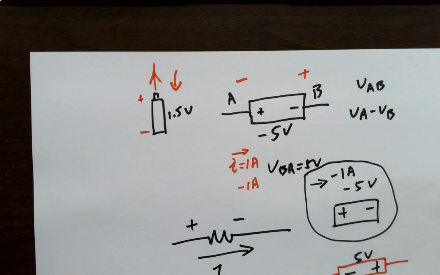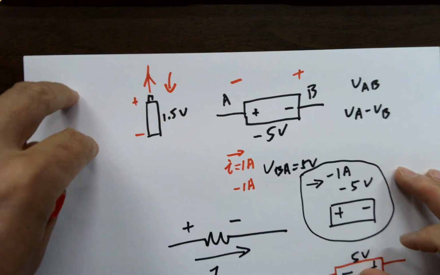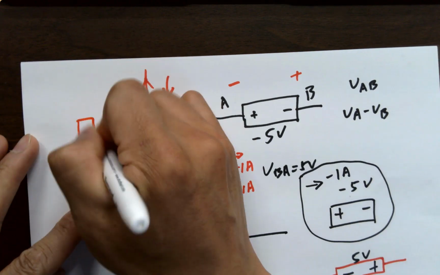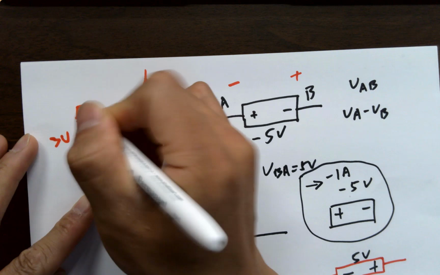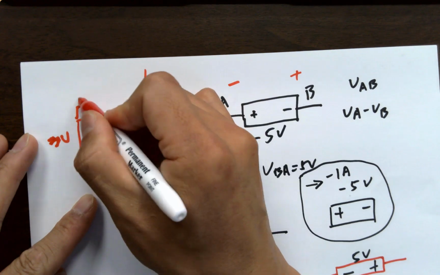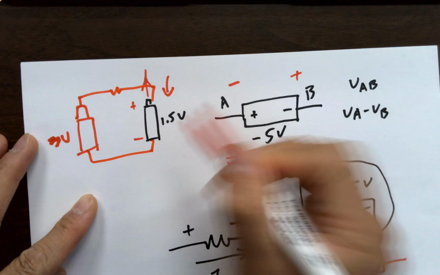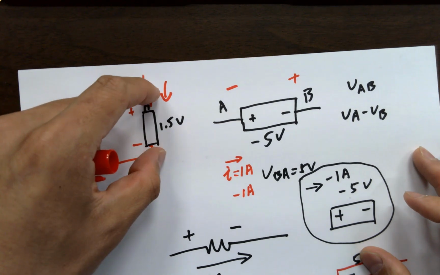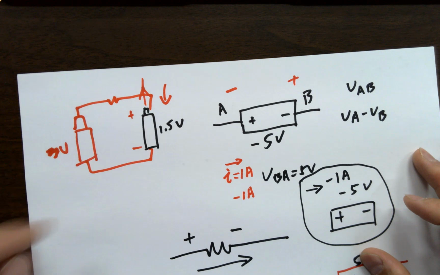How could that happen? Charging a battery, yes. Or anytime you have a higher voltage outside compared to 1.5 volts. If you have like 3 volts here, for some reason you have to connect it that way, you've got a higher voltage and a lower voltage. What's going to happen is current will flow into the battery.